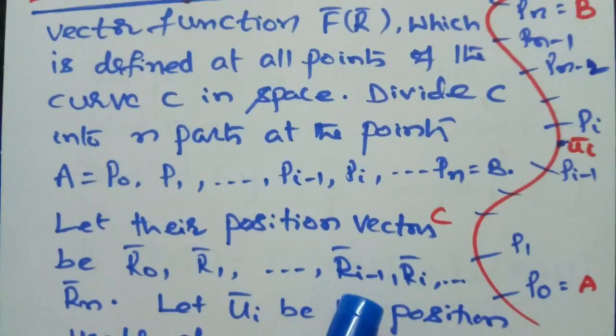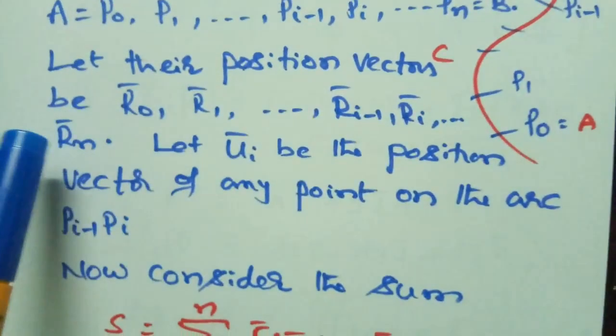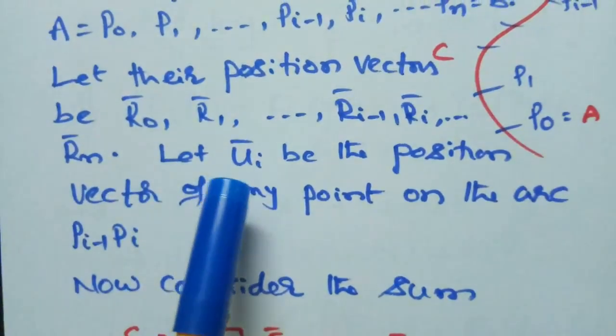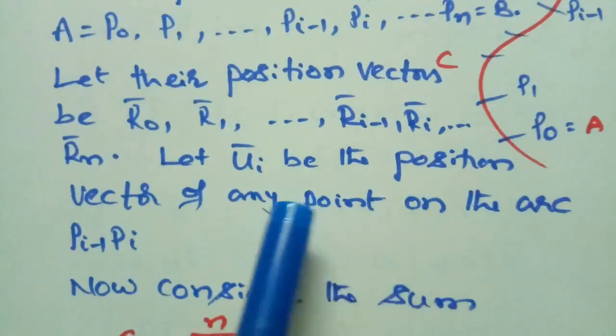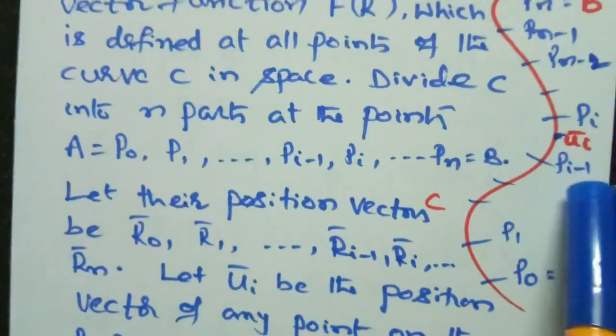Ri minus 1 bar is the position vector of Pi minus 1, Ri bar is the position vector of Pi, and so on. Rn bar is the position vector of Pn, and also let ui bar be the position vector of any point on the arc between Pi minus 1 and Pi.